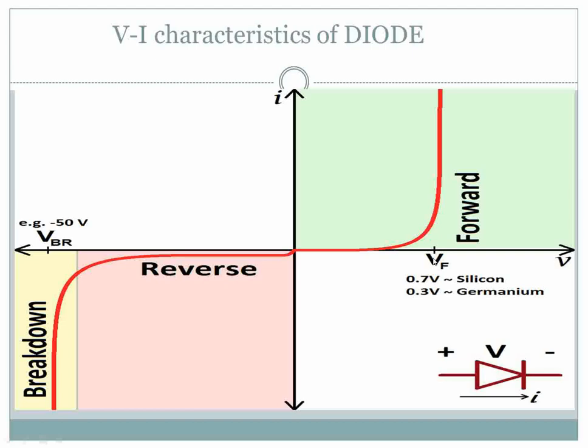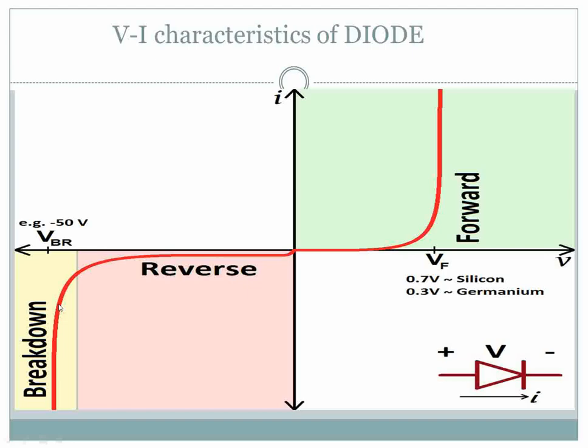After 0.7 volt, if we consider silicon, the current slowly increases with increasing voltage. We can observe the variation of voltage and current in the forward bias. In the reverse bias, a low current will also flow because of the minority charge carriers.